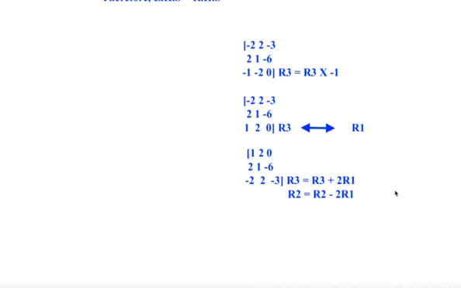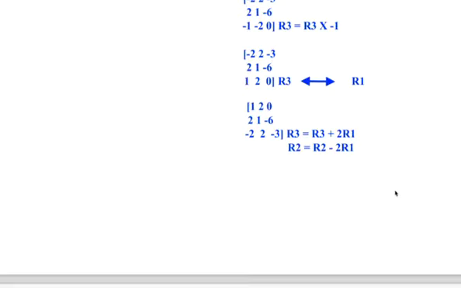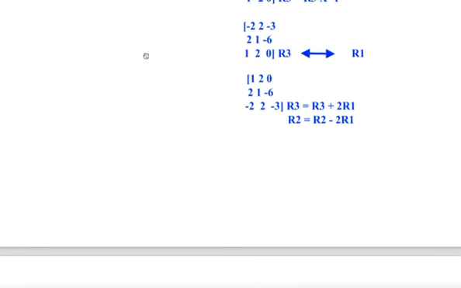Now what is the resultant? Go like this to find the resultant. This is 1, 2, 0.